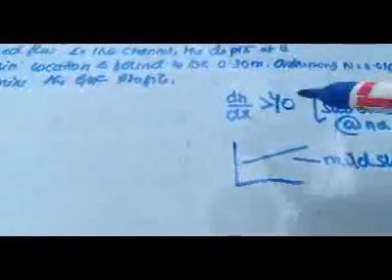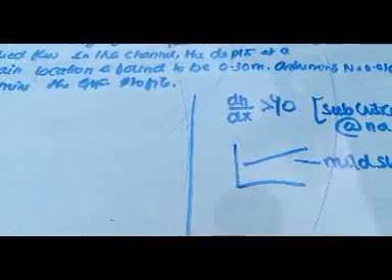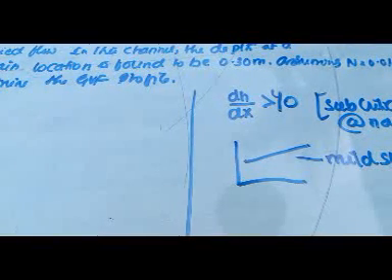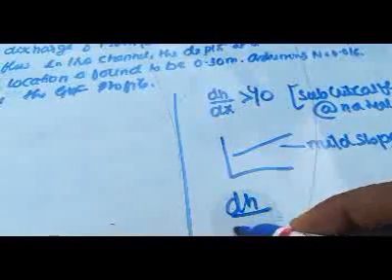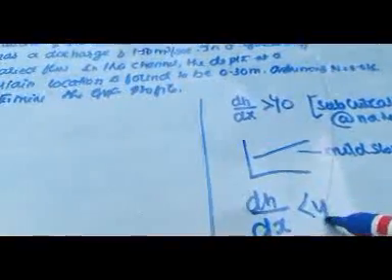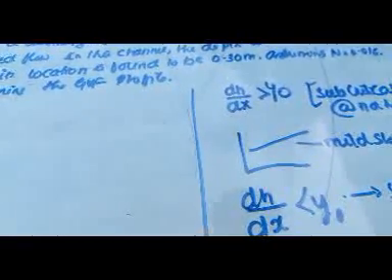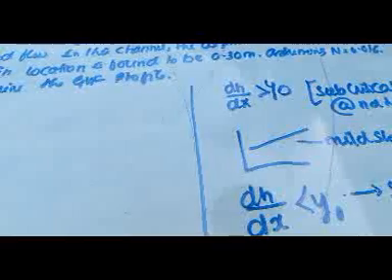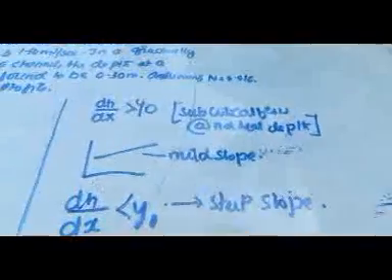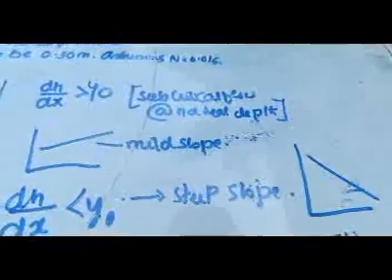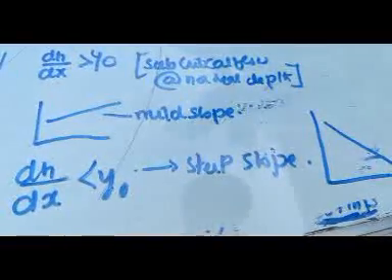That is one more condition, and we consider the different profiles. For a steep slope, YC is less than y0. We call it a steep slope, and dH by dx is negative. The steep slope drawdown curve was drawn in the previous video, and we call this a steep slope.